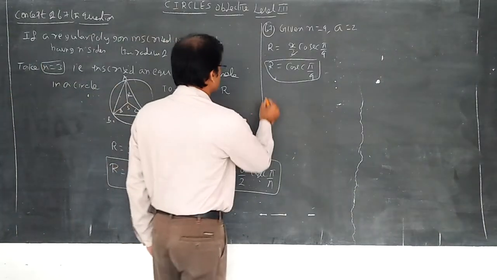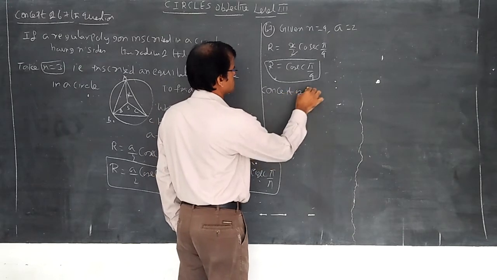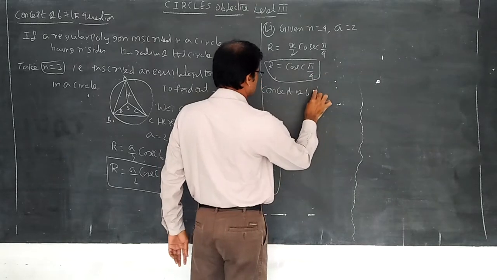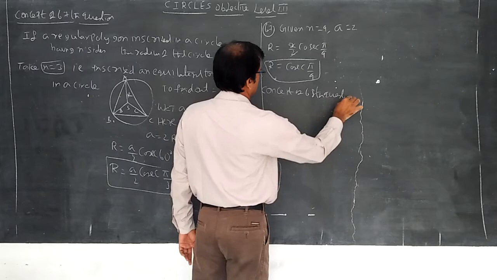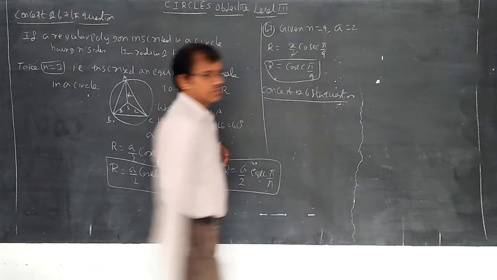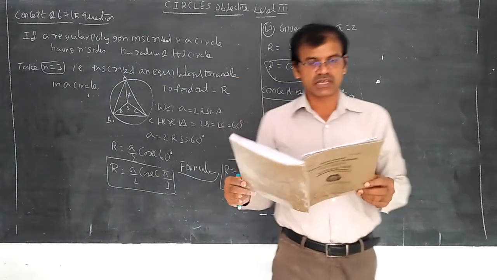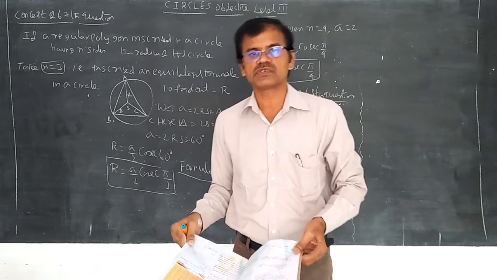Now, once again I want to discuss the concept of the next question. Now what is being asked: the sum of radii of inscribed and circumscribed circles of an n-sided regular polygon of side a.